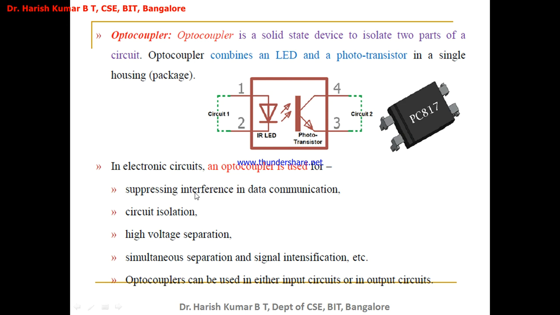If I want to suppress the signal interference from one circuit to another circuit, I can use an optocoupler between those two circuits. Then you can suppress the interference in the data communication, and you can do circuit isolation, high voltage separation, and simultaneous separation and signal intensification can also be done.